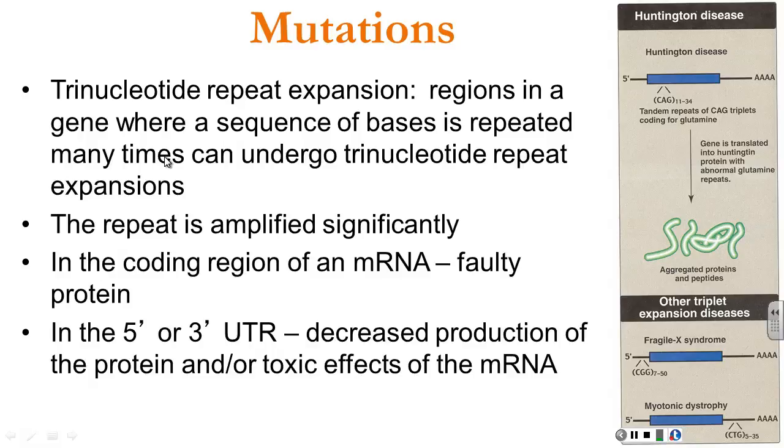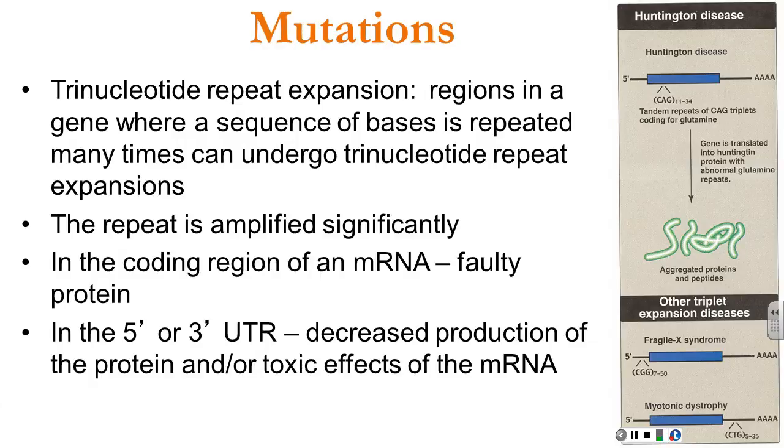So in the normal person, you have a sequence repeated over and over again. But what happens in the pathological situation is this repeat gets expanded during DNA replication. It gets expanded significantly, it gets amplified. How exactly does that happen?